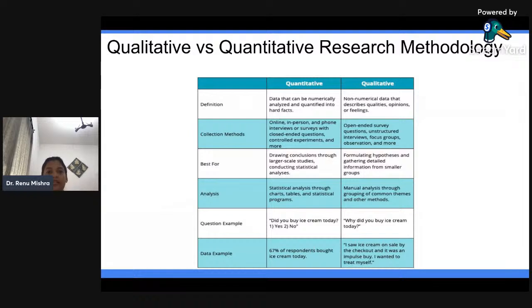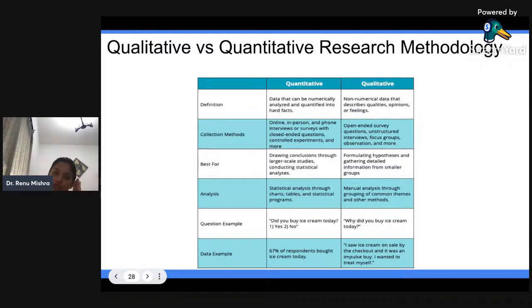Is that possible in any close-ended survey where the respondent is only given options to choose from? No. It is possible when you are conducting open-ended surveys or questionnaires where you ask, like, why do you like such things? When you are asking why, you are giving the respondent a chance to explain to you.